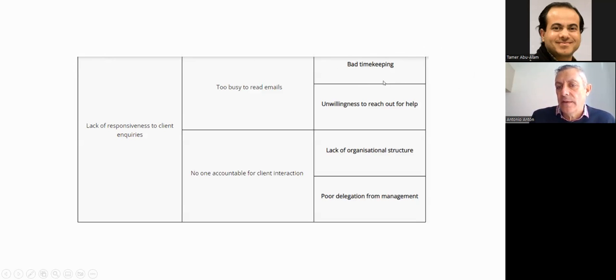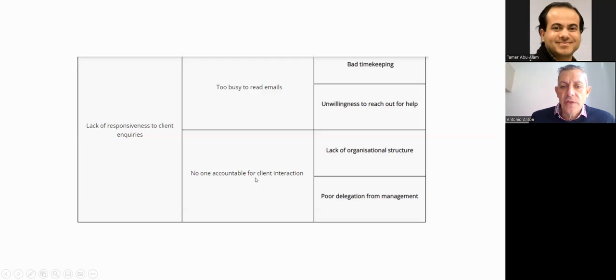You break down the problem, trying to find the correct root cause, but then you express the solutions to tackle it. For instance, it could be bad timekeeping. You decide to stop it, trying to find a solution for it. And another one is no one accountable for client interaction.